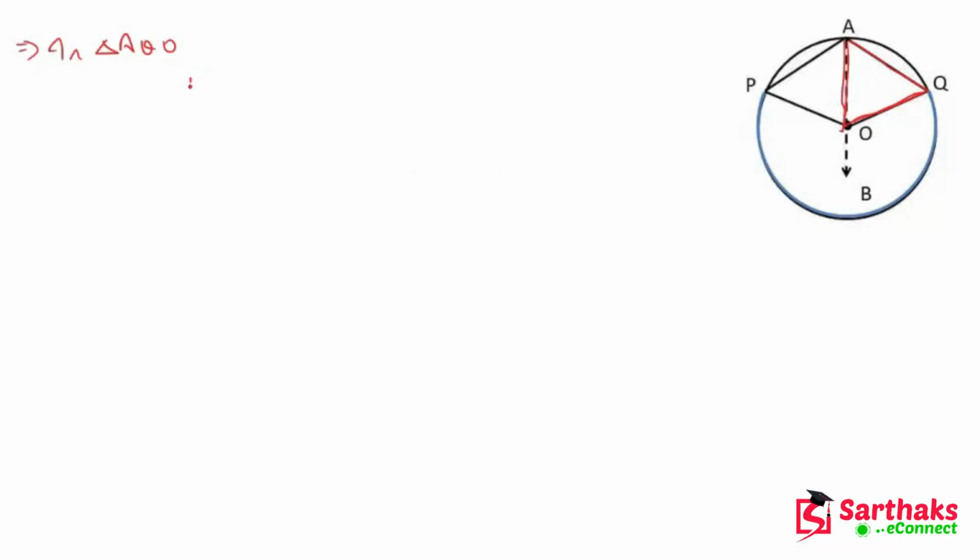This is the radius, and angle OQA is equal to angle OAQ, because angles opposite to equal sides are equal, meaning this angle OQA and this angle OAQ. So these angles are equal. Let's suppose this is equation number 3.